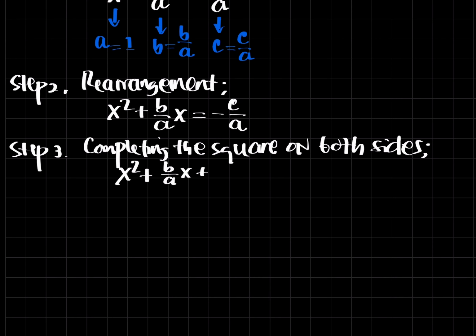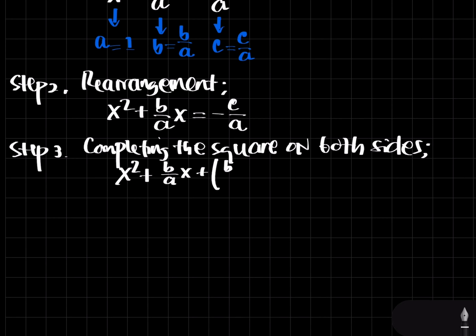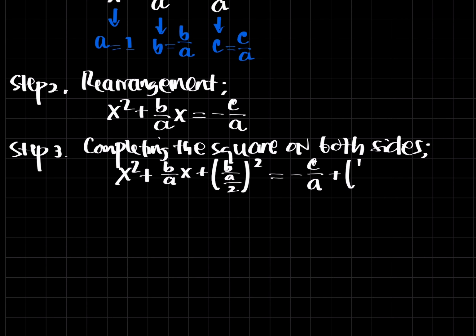So this is going to be b over a divided by 2, squared, equals negative c over a plus b over a over 2, squared.